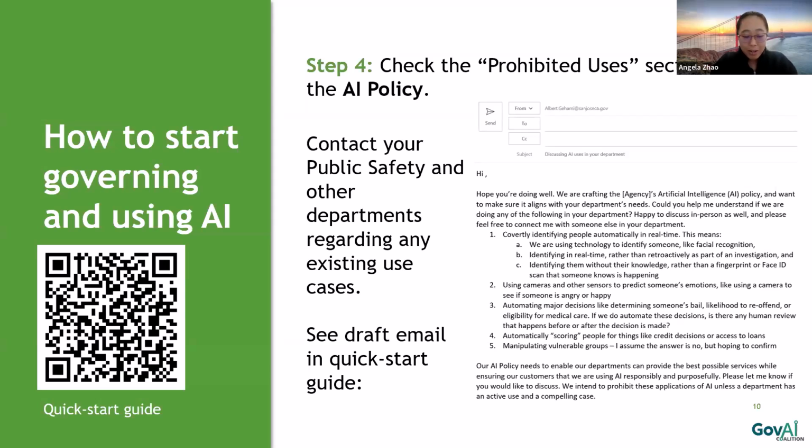For example, if your public safety department uses automated license plate readers and the agency does continue using them in the future, we just want to make sure that those systems aren't in the prohibited uses section. We have included a draft email in the quick start guide, and you can see this draft email on the slide here, so that you can copy and paste it to send the inquiry to relevant departments. And I'll pass it back to Layla to speak more about the additional templates that we have.